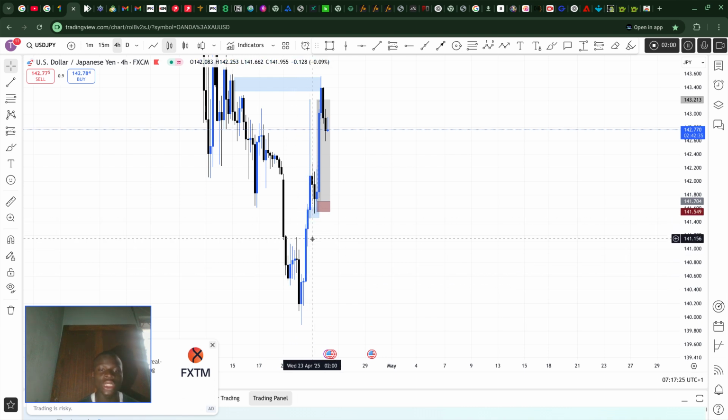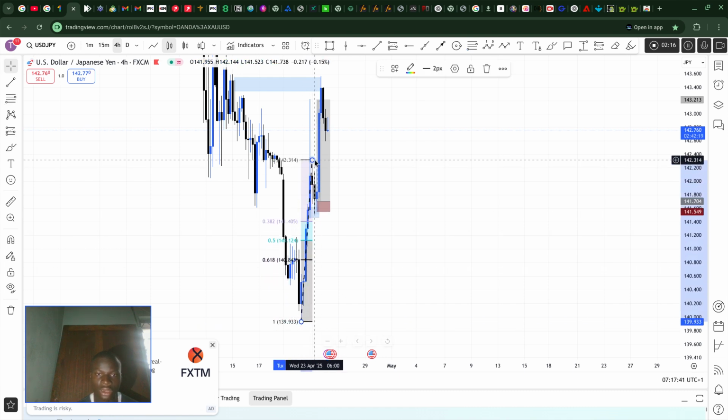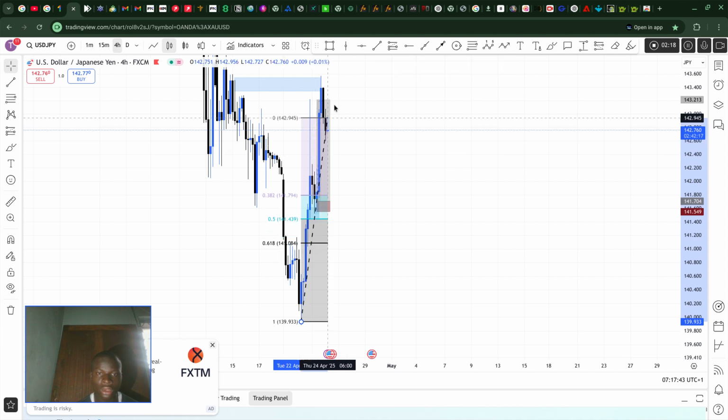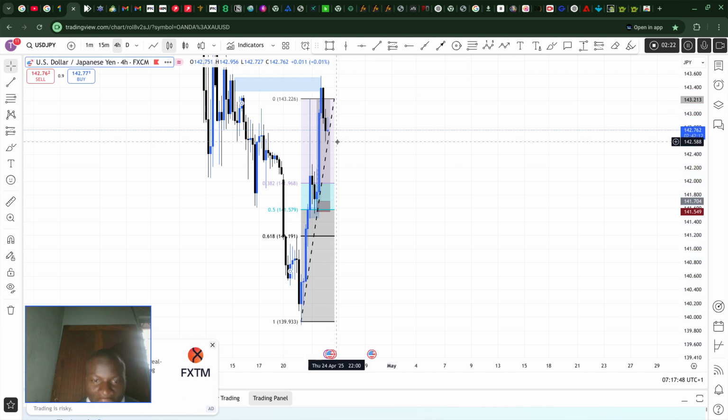What I was expecting was for this pullback to come down to this point here, and it did reach 50%. Honestly, it was 50% dot and the market reverses.